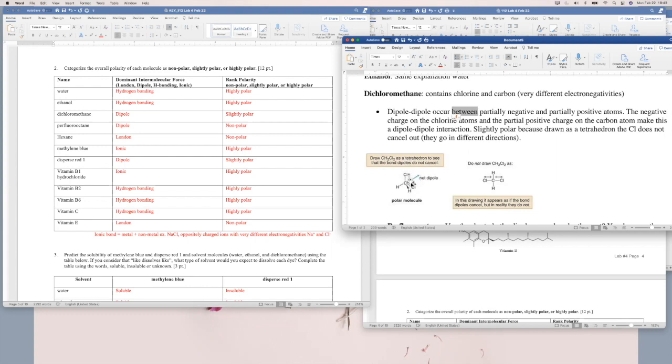Looking at it from this angle as a tetrahedron, the chlorines might cancel out if it was drawn like this, but if you built it, you would notice the chlorines go in opposite directions and can't cancel each other out. Hopefully the chart above helped with that, but if not, this picture would have helped with dichloromethane being slightly polar.